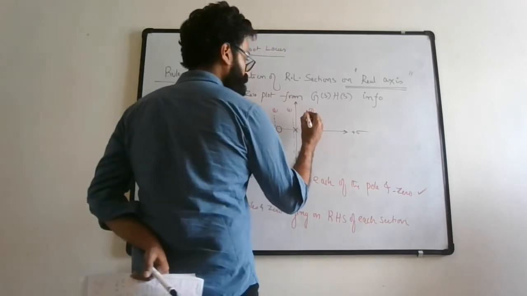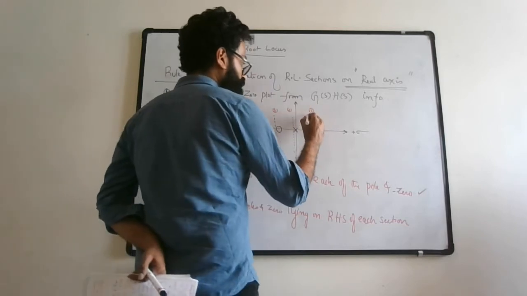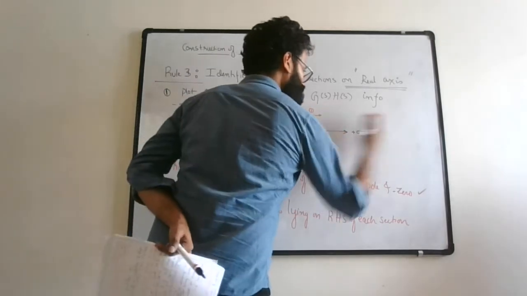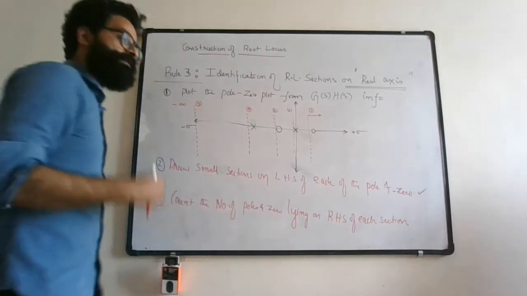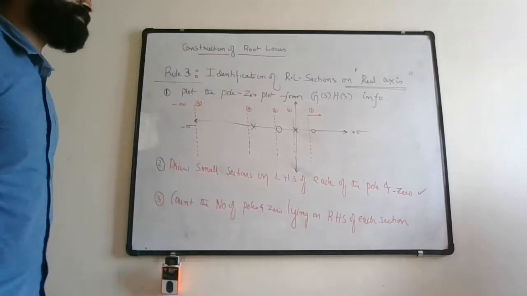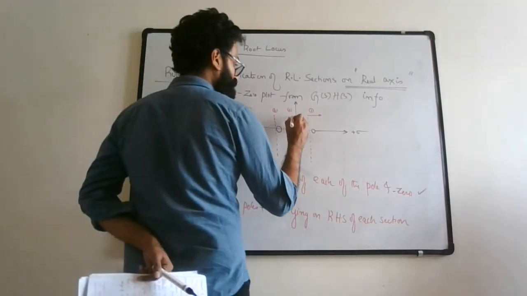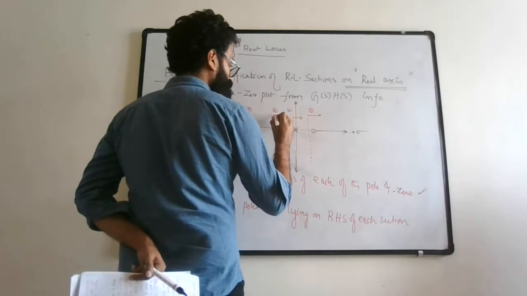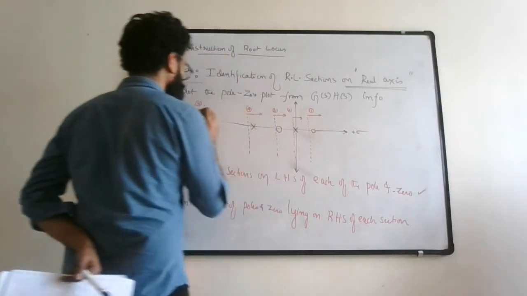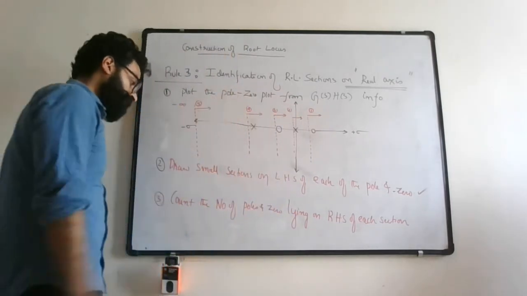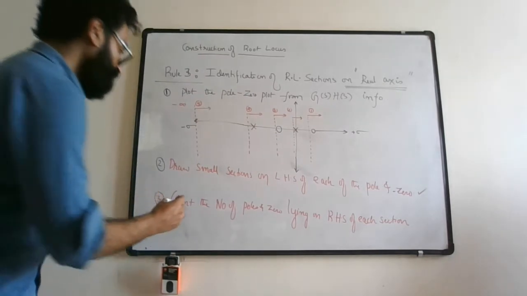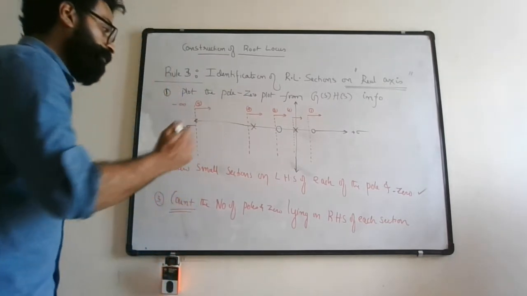That means if you consider section 1, on the right hand side of section 1 you have to check how many poles and zeros are lying. Similarly for section 2, section 3, section 4 and section 5. So basically you are counting the number of poles and zeros.